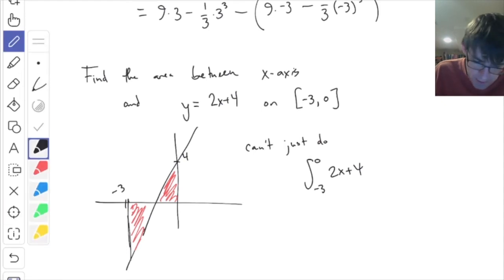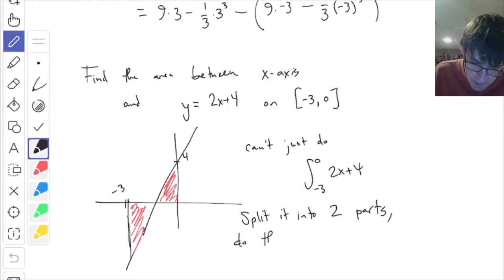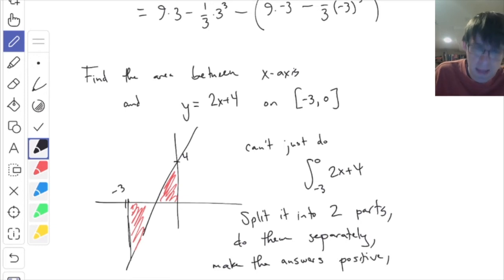So we split the integral into two parts. This is our strategy. Split it into two parts, do them separately, make the answers positive, and then add them together.